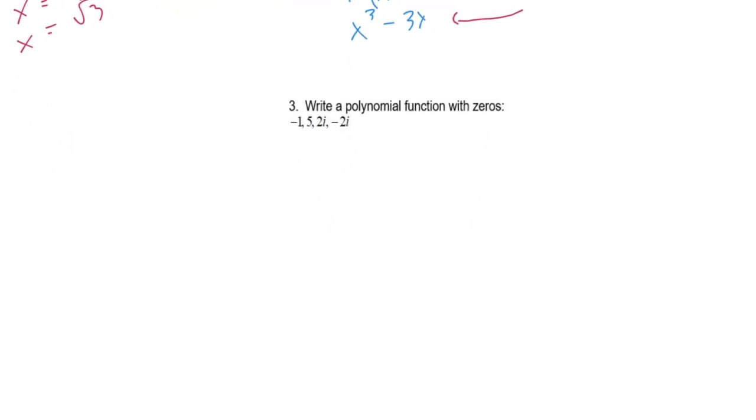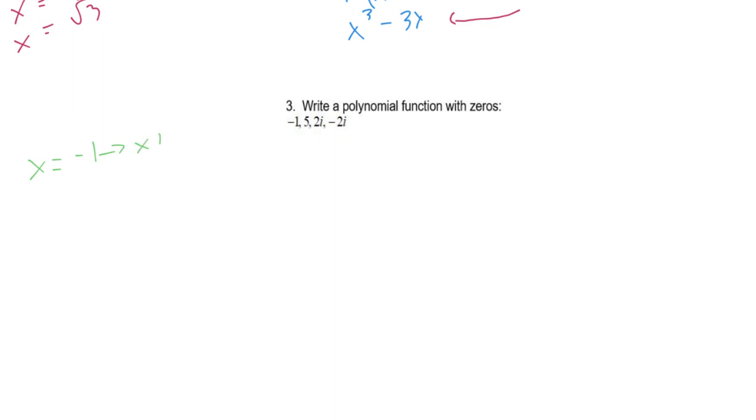Now this last one deals with i values. Write a polynomial function with the zeros of -1, 5, 2i, and -2i. So just like before, we're going to start things off with our x equals -1, which will become x plus 1 equals 0. Then we have our x equals 5.